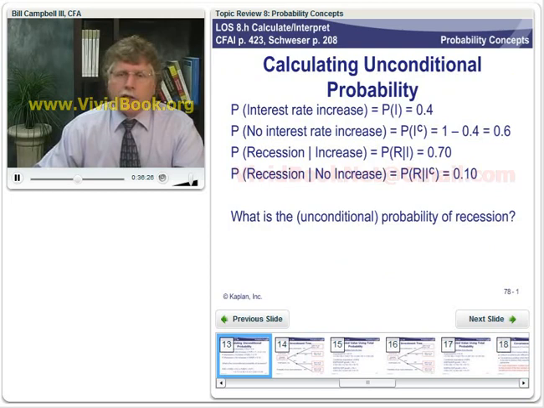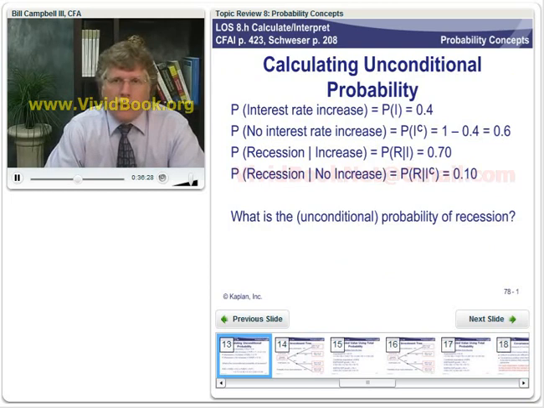Now, unconditional probability. Suppose we have a bunch of data. We have the probability of an interest rate increase, 0.4. So we know that the probability of no interest rate increase, the probability of the complement, is 0.6.